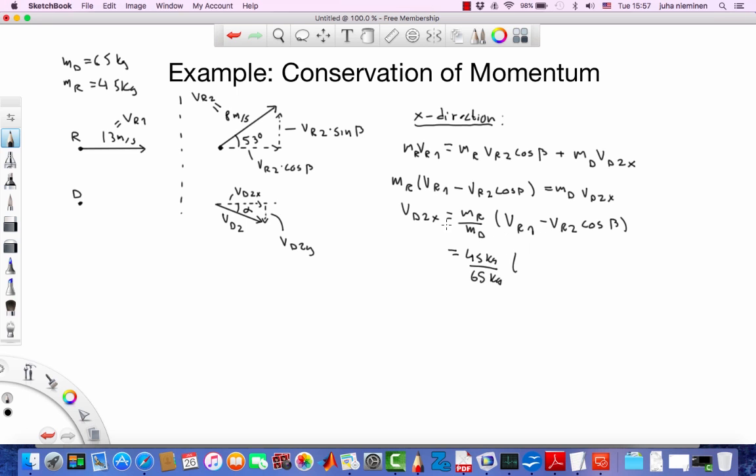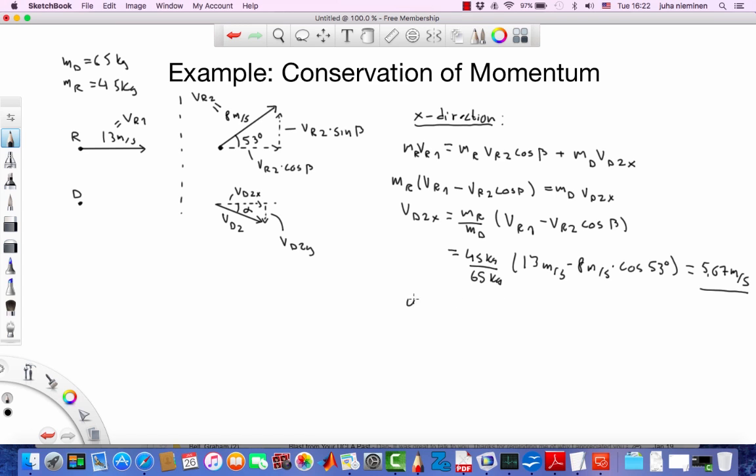The velocity of Rebecca in the beginning, 13 meters per second, minus the velocity of Rebecca after, 8 meters per second, times cosine of the angle of her velocity, 53 degrees. And with these numbers we get 5.67 meters per second in the x direction for Daniel.